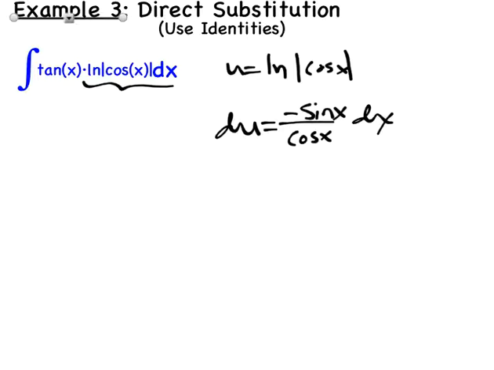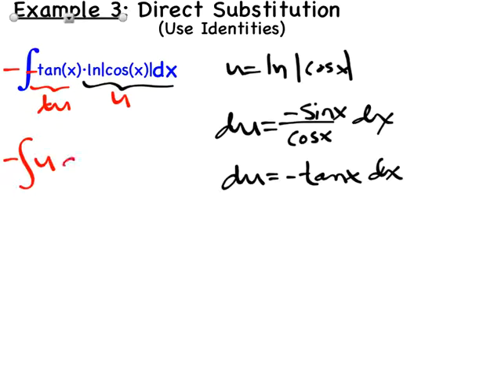Well, we see that sine over cosine is tangent. We have a negative out in front. So du is negative tangent of x dx. We have everything we need to make this work. We put a negative on the inside and the outside. This is our u, this is our du. And once again, we have the negative antiderivative of u, which is negative 1/2 u squared plus c.